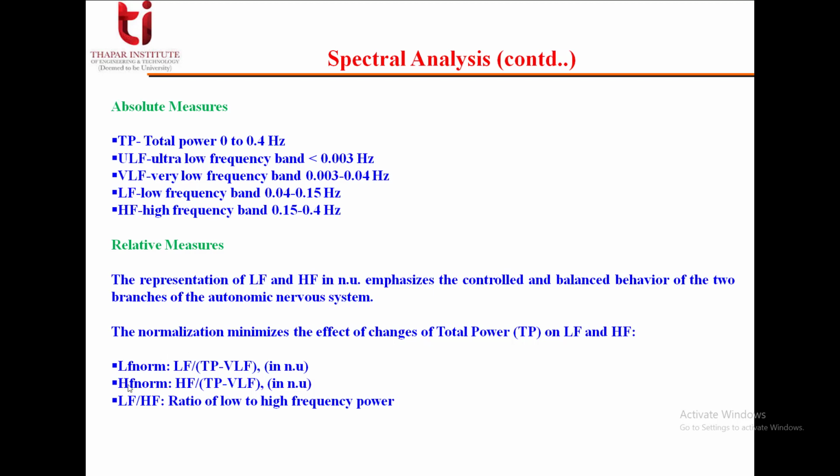Then we have HF norm, that is HF divided by TP minus VLF, also measured in normalized units. Another parameter is the ratio of low to high frequency power, that is LF by HF.